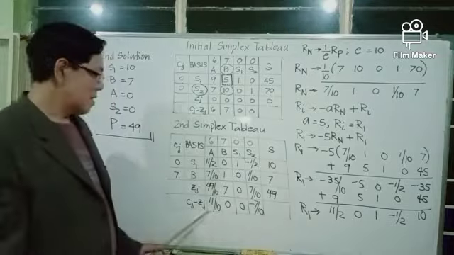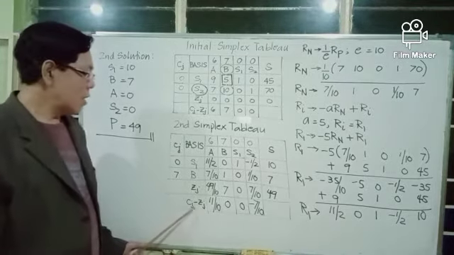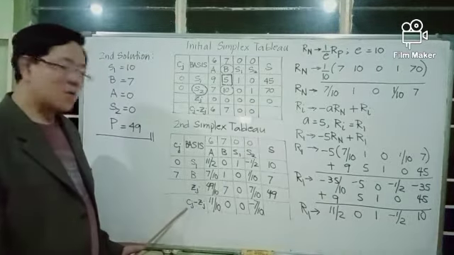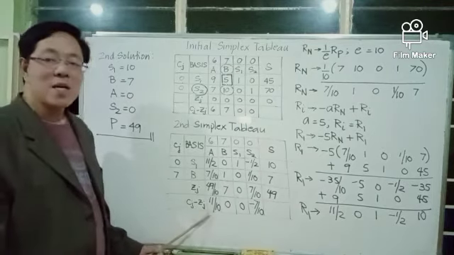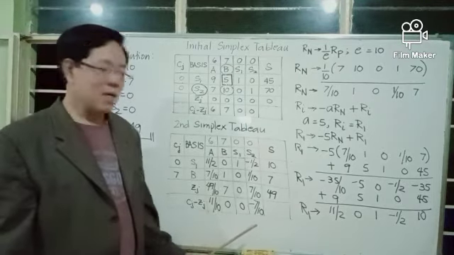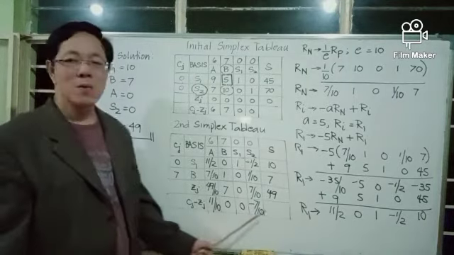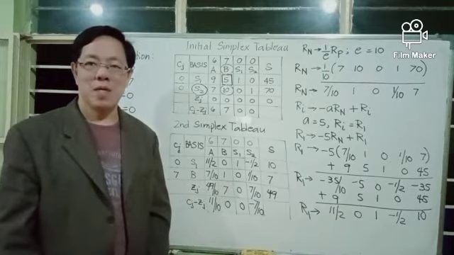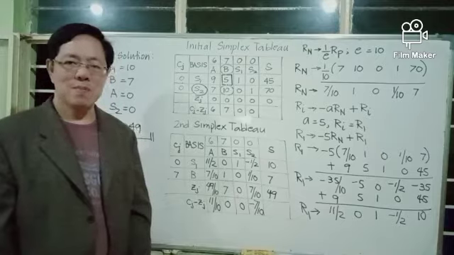Again, to determine if you are done with the solution, look at the entries of the last row, the row C sub j minus Z sub j. If there is at least one positive entry in the last row, it means that the solution is not yet complete.